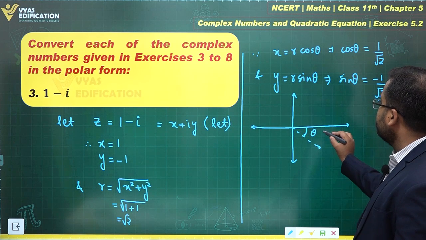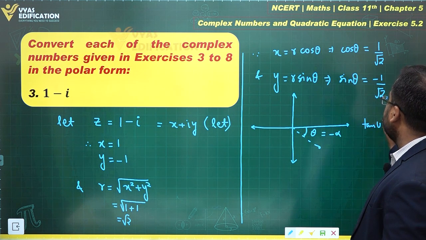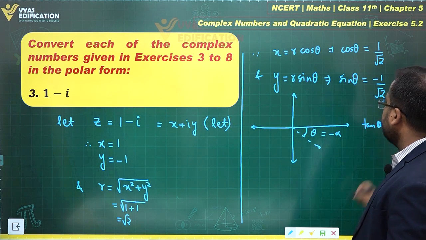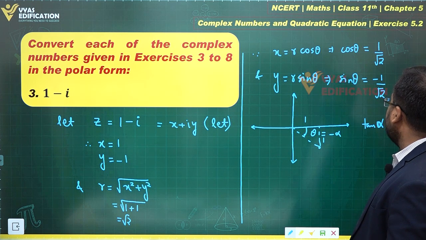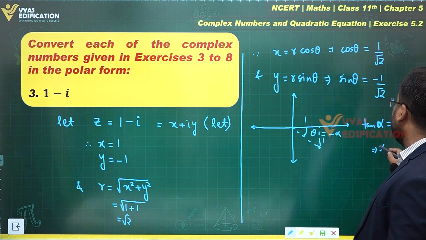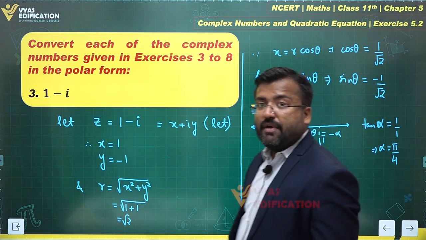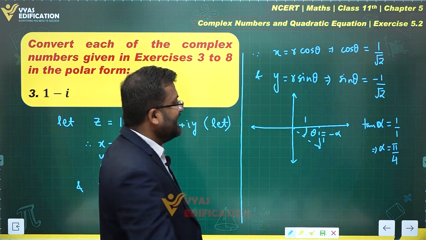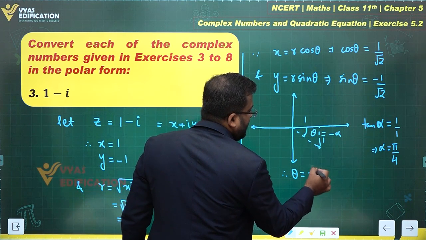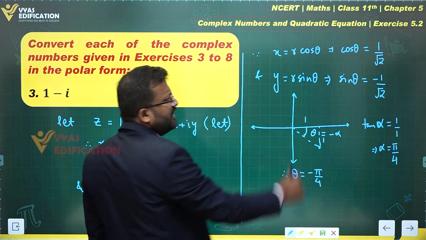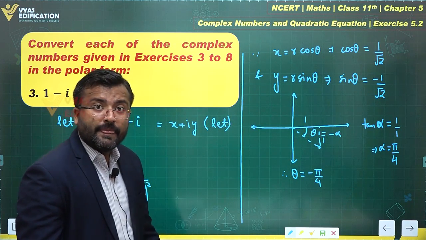Tan alpha is simply equal to, can you observe, this is 1, this is also 1, tan alpha is 1 over 1, implies alpha is pi by 4. Alpha is simply pi by 4, and therefore theta is simply minus alpha, which is minus pi by 4. Observe, theta is minus pi by 4, right?